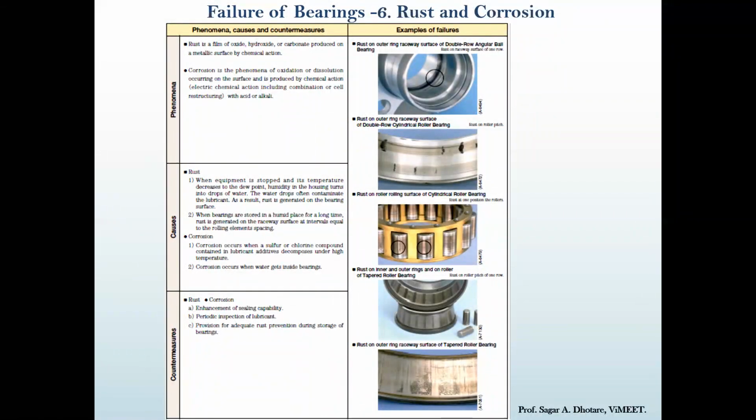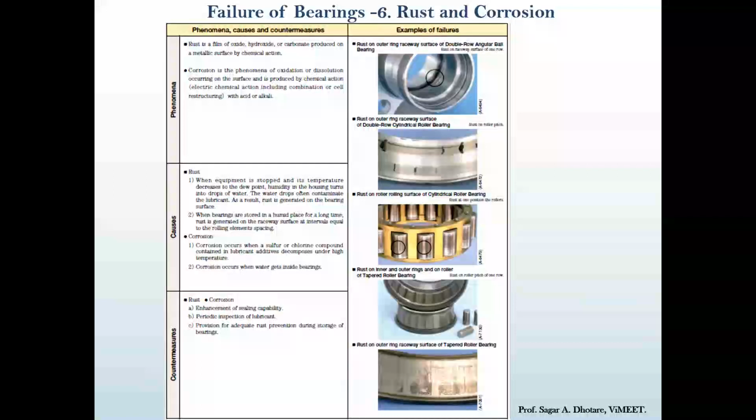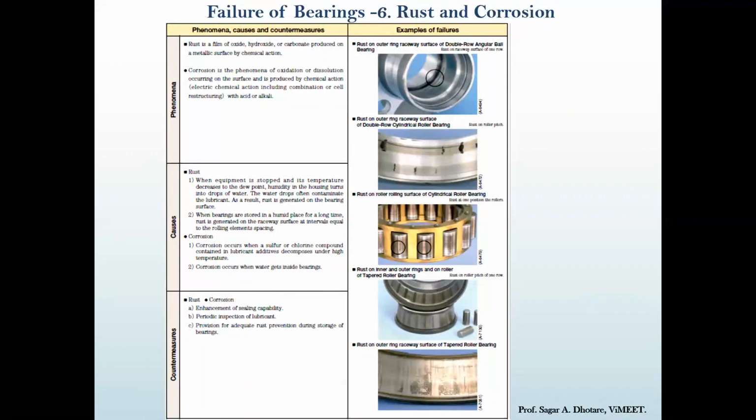The water drops often contaminate the lubricant, and as a result rust is generated on the bearing surface. About the corrosion, when sulfur or chloride compounds come into contact with the lubricant additives, under high temperature the corrosion can occur.